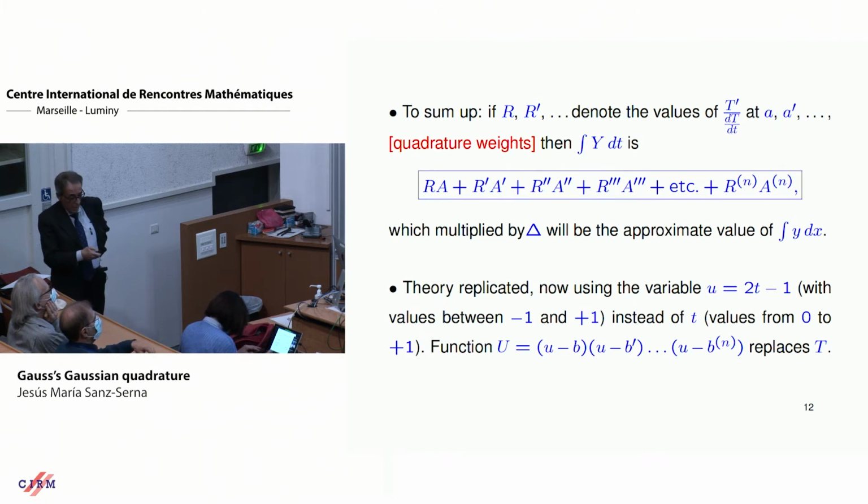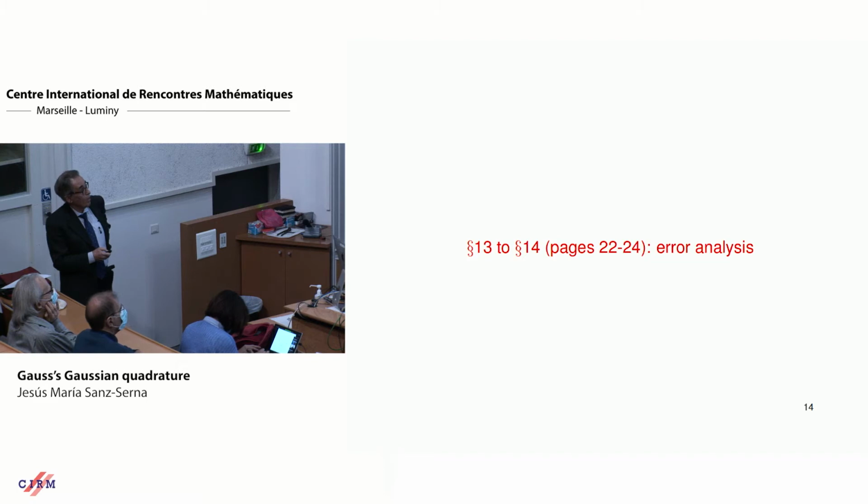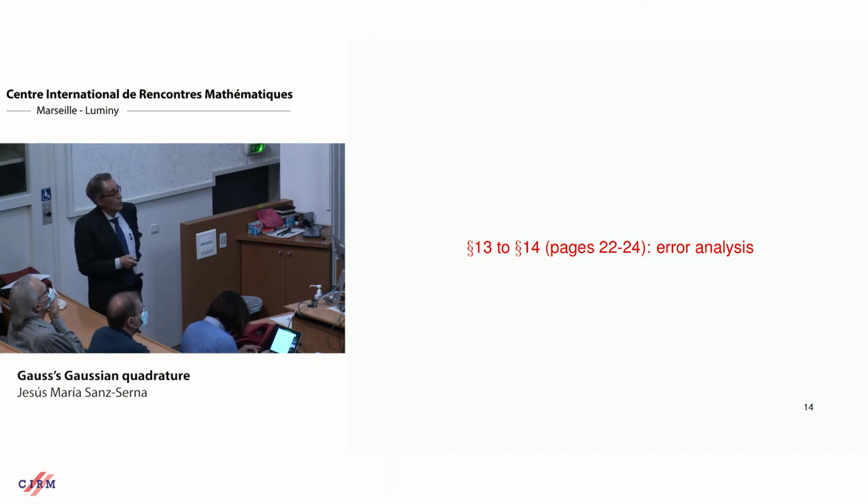So he repeats everything, and then as an example, Gauss finds explicitly the weights for the Newton-Cotes formulas, both in terms of the variable t and the variable u. And then, having found the formula, he goes into the error analysis.